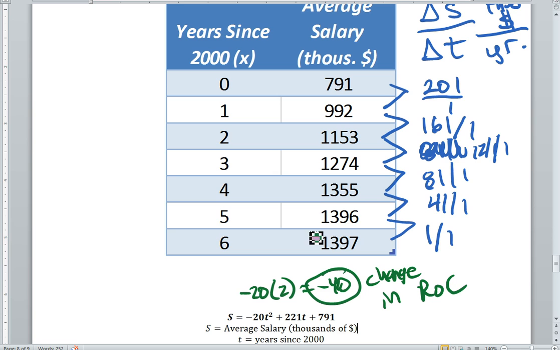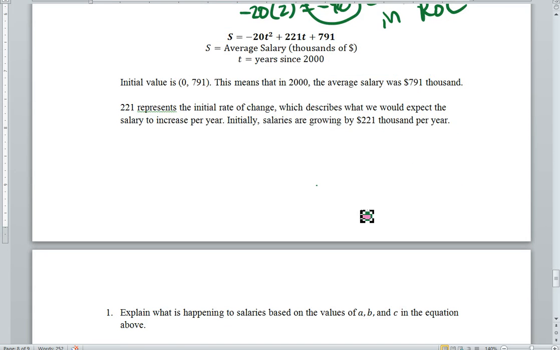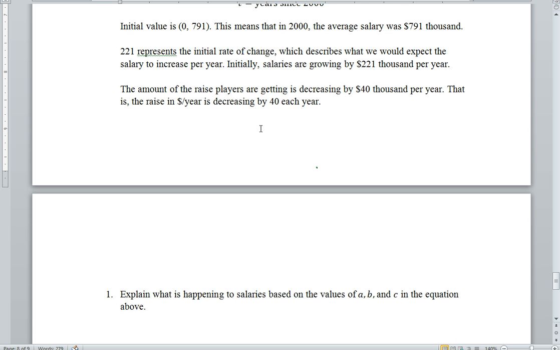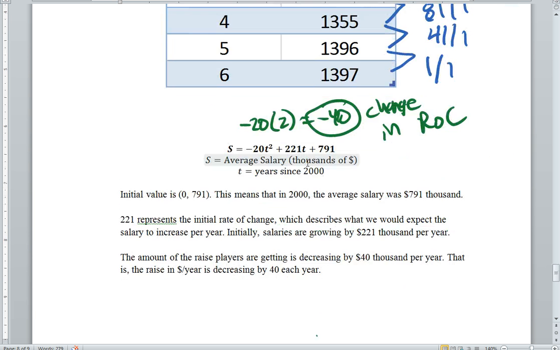So I would be able to say that the amount of the raise players are getting is decreasing by $40,000 per year. That is, the raise in dollars per year is decreasing by 40 each year.